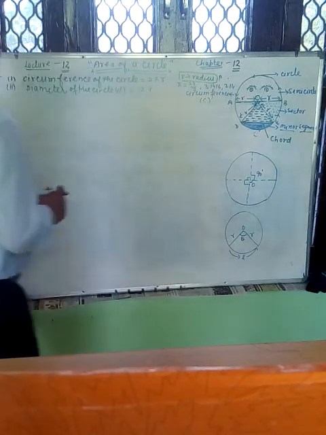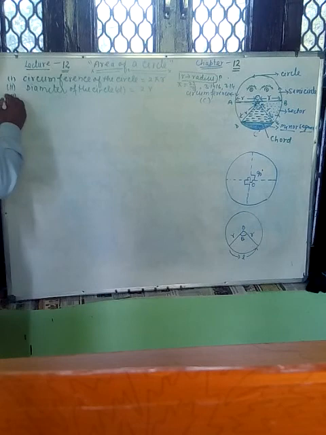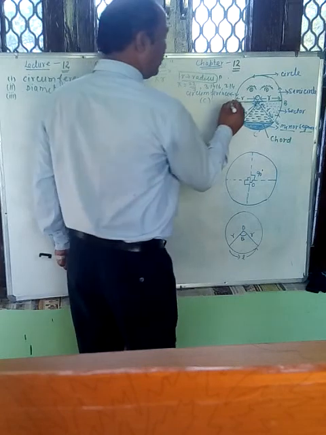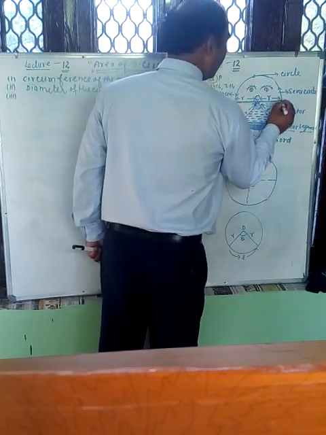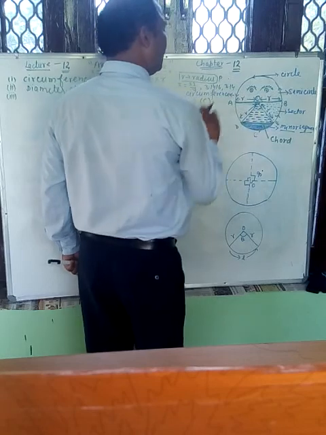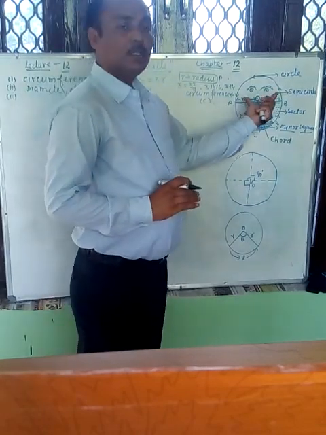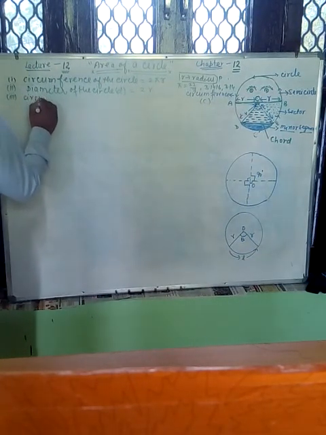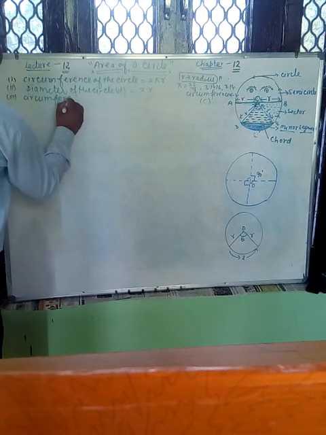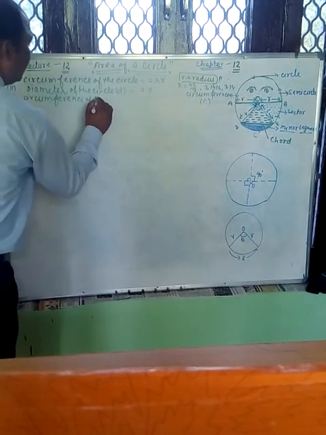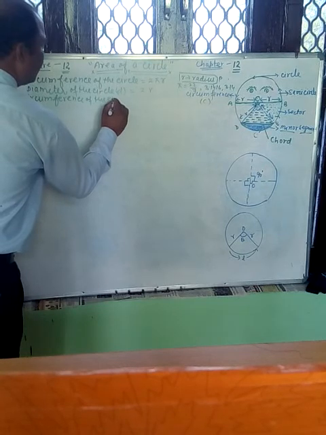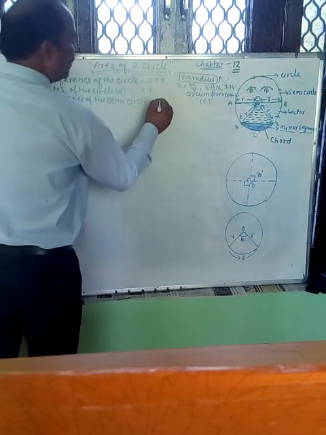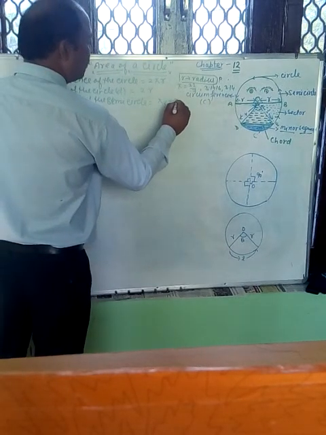Now, the third is, for example, if we start from here and this is a semicircle, then the circumference of the semicircle is equal to pi r plus 2r.